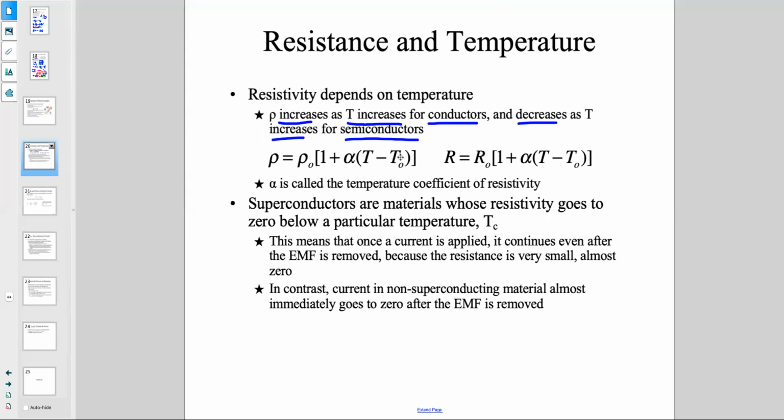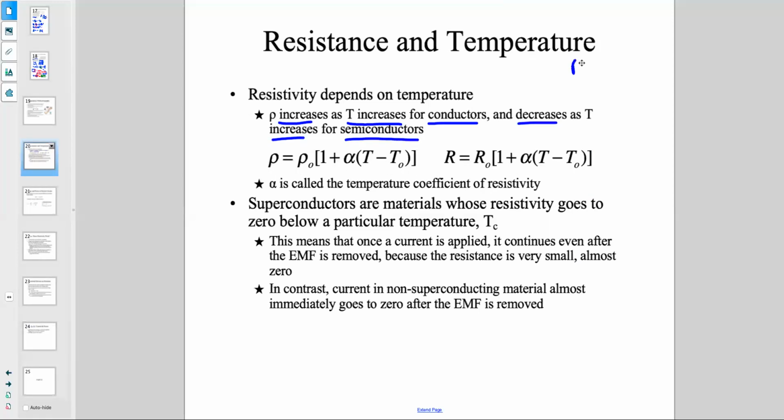T0 is the initial temperature, T is the final temperature. R is R0 times (1 plus alpha (T minus T0)), where T0 is again the initial temperature.